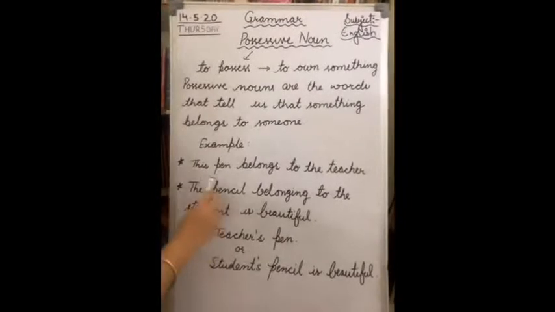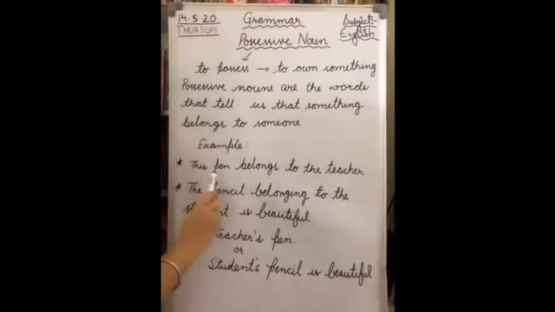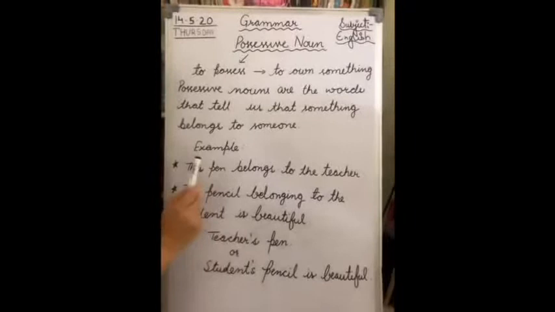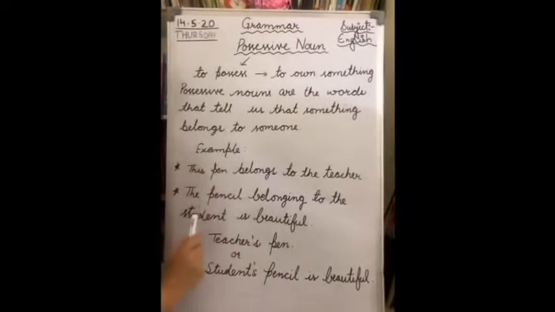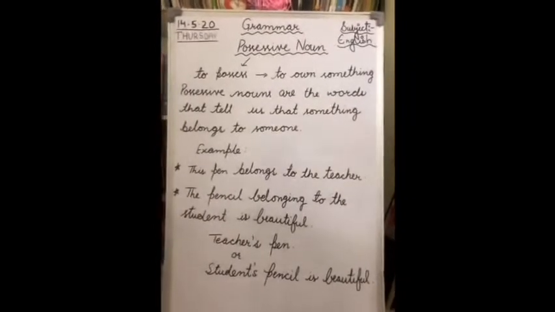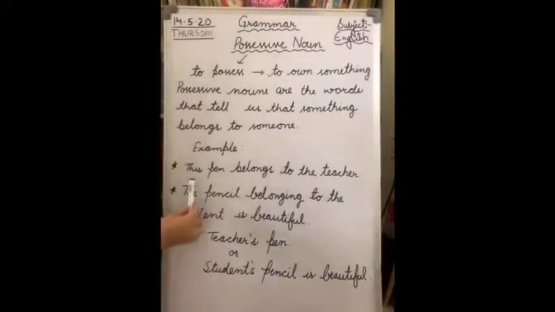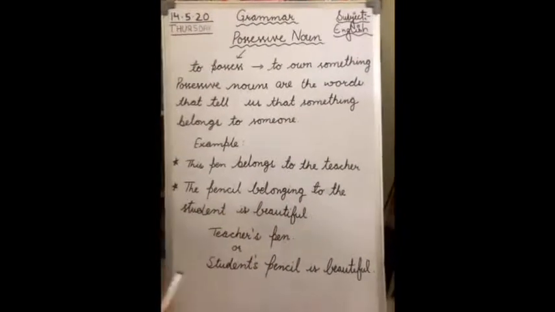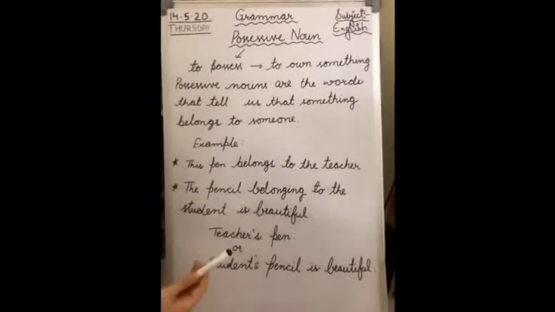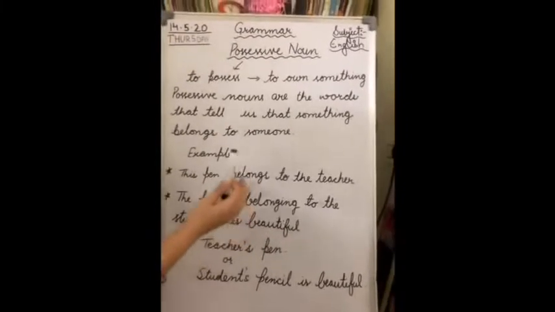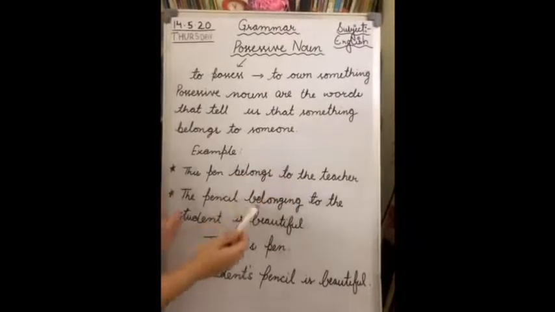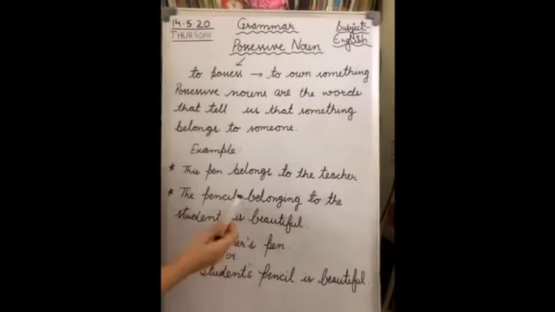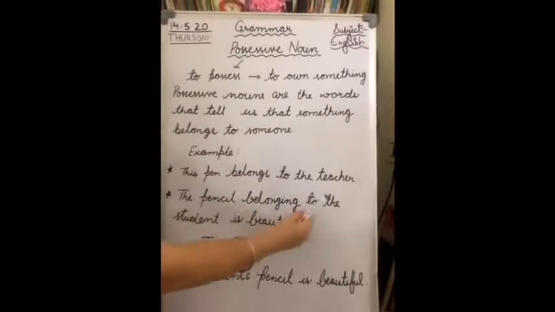Yes. Now children, there are lots of ways to express how something belongs to someone, right? And 2 examples I have given you here, how we can tell that something is belonging to someone. Now, to make this sentence short and crisp, why to complicate things by writing such a long sentence?